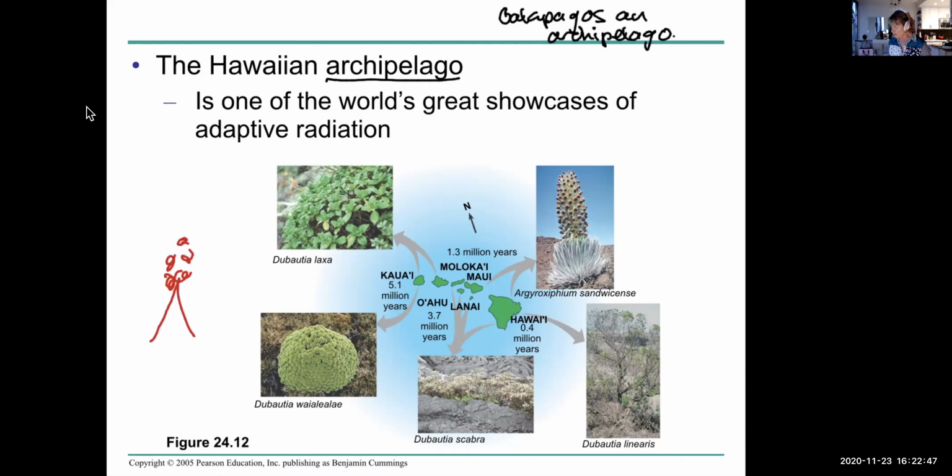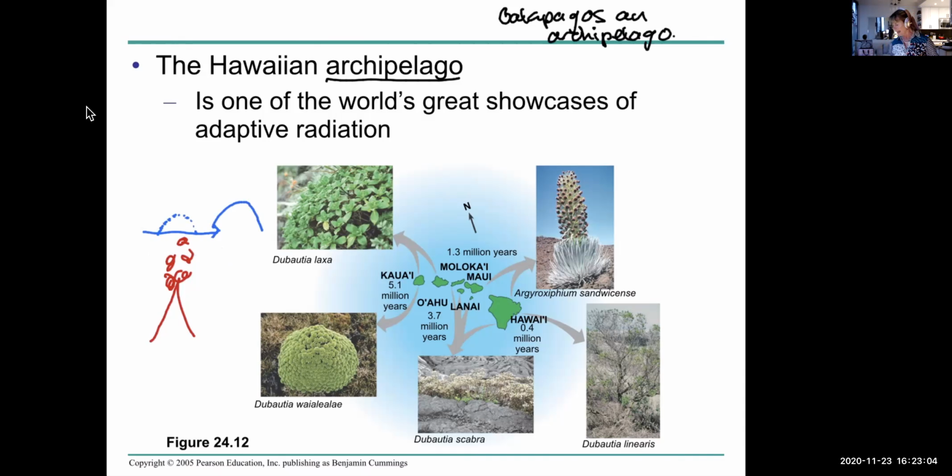So when the plate moves, the island ends up over here, but over the hotspot, a new island starts to form. That's how an archipelago is formed, over hotspots. And Hawaii is one of those.